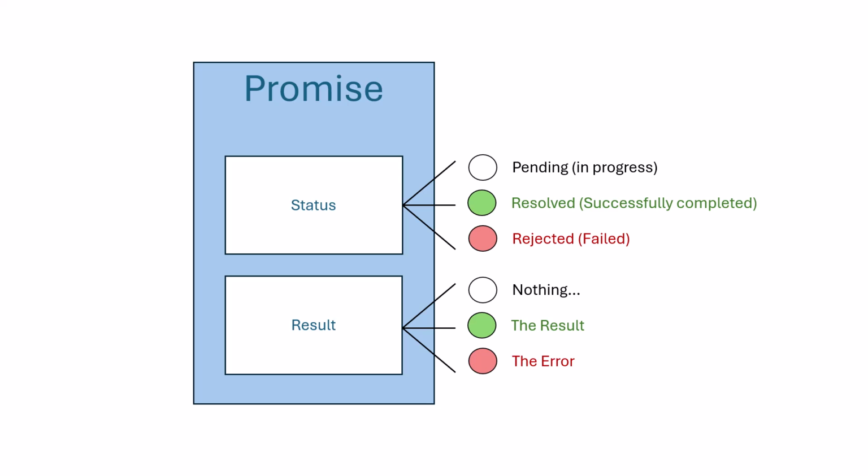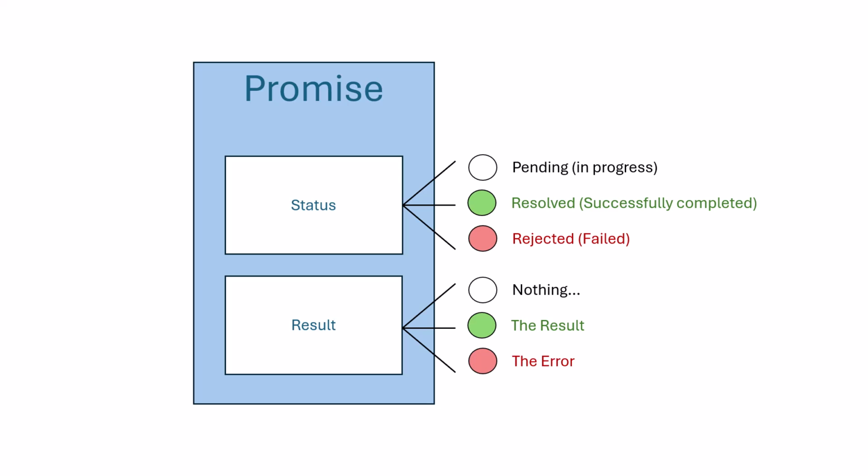Imagine a promise as an object in memory with two properties. The first property tells us the status. Is it currently in progress? Or has it resolved successfully? Or has it rejected with an error? The second property in memory is the result of the asynchronous operation, which depends on the status. If it's in progress, then the result field doesn't exist yet.